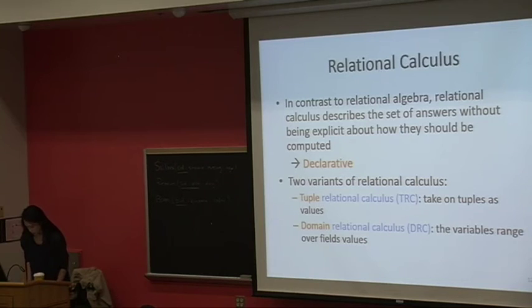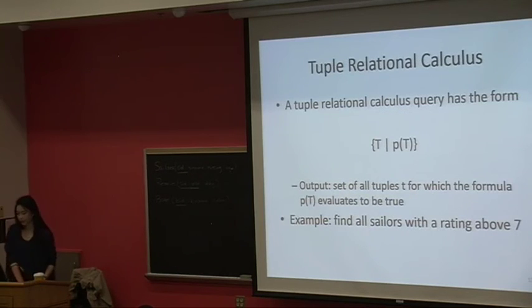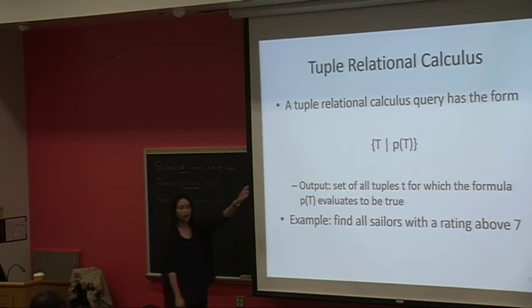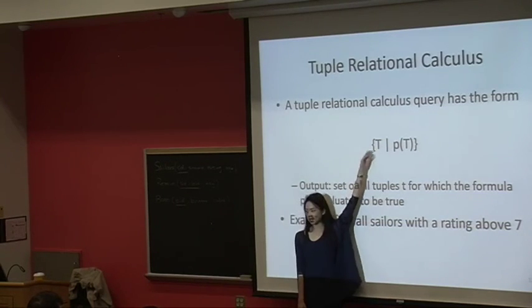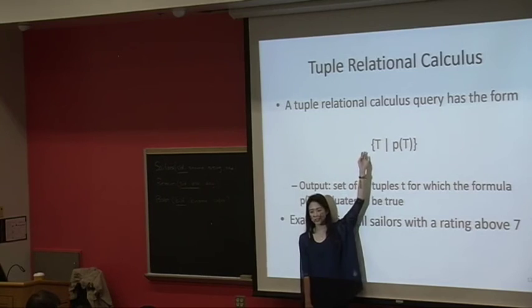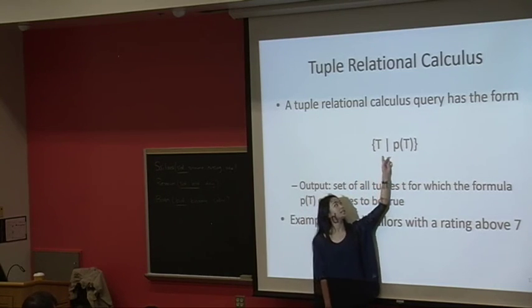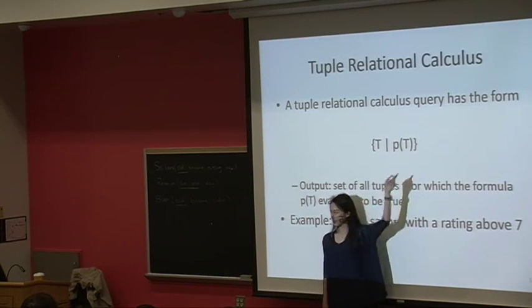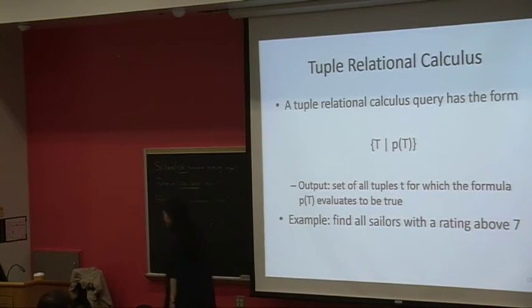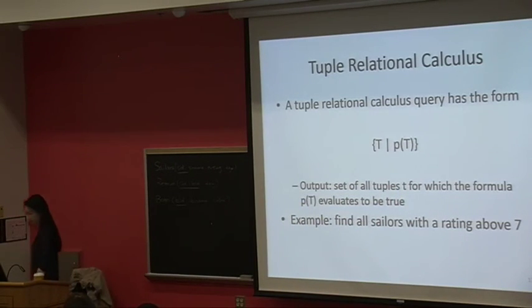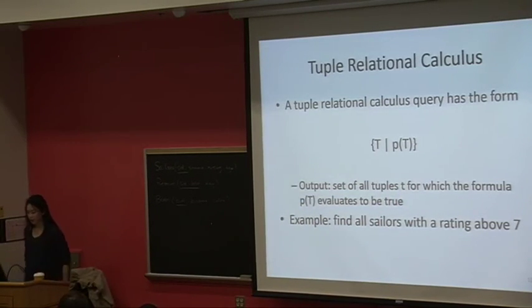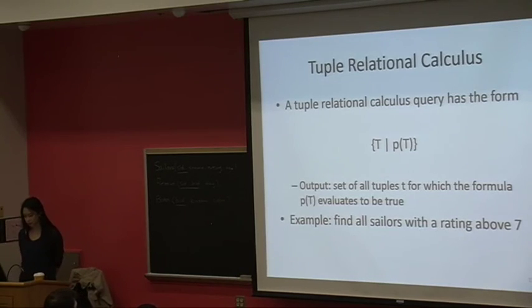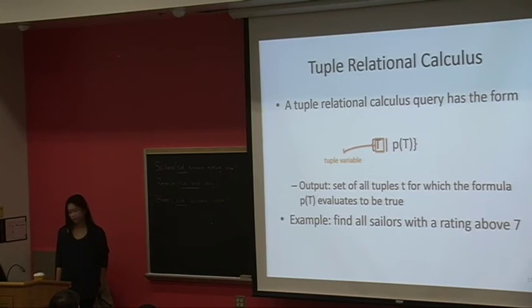All right, so for tuple relational calculus, we have seen this before, right? We have been doing this since the beginning of the semester. We kept doing it in a set. We have these tuples that satisfy the criteria. So this format keeps occurring, but we never really talk in details about it. So a tuple relational calculus query will have this form where the T we call the tuple variable.